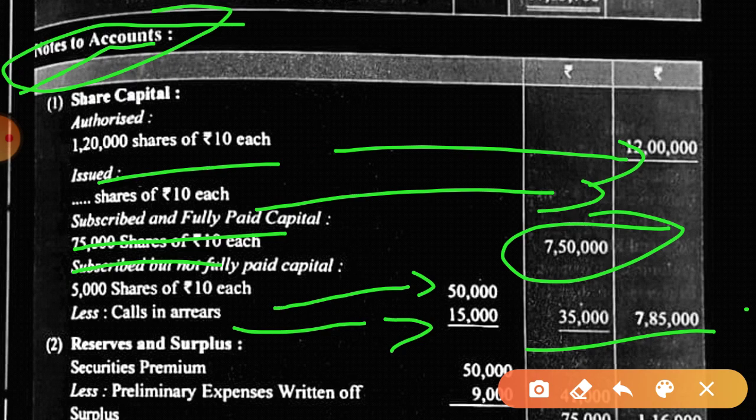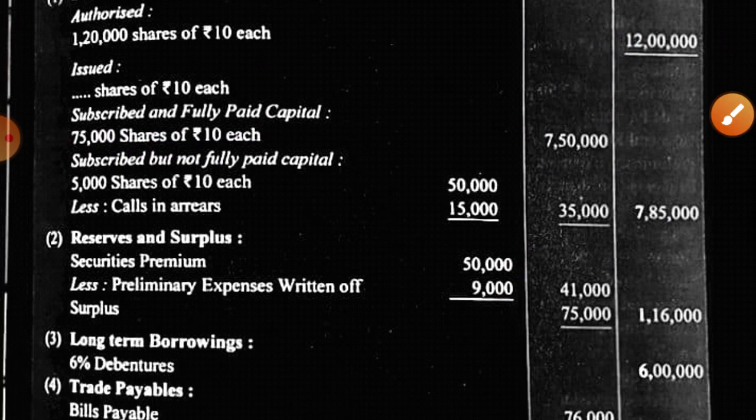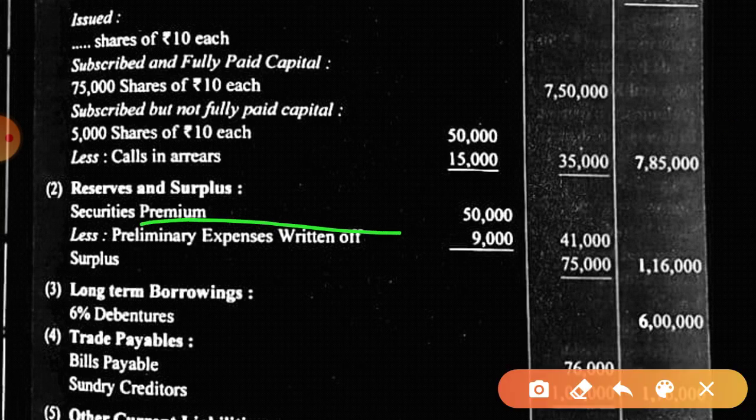You have to show it properly. Okay, this is notes to account, it is very important for you. And a 12 mark question comes in this manner only. They give the balance sheet and you have to redraft it as per Schedule 3 of Companies Act 2013. Then see reserves and surplus, how they have mentioned securities premium, less preliminary expenses, and add surplus.